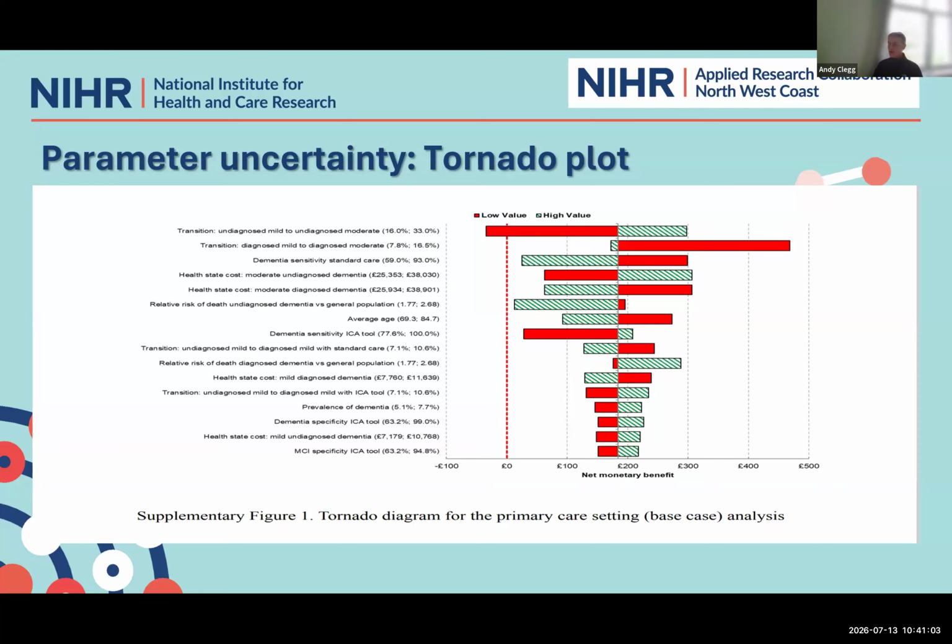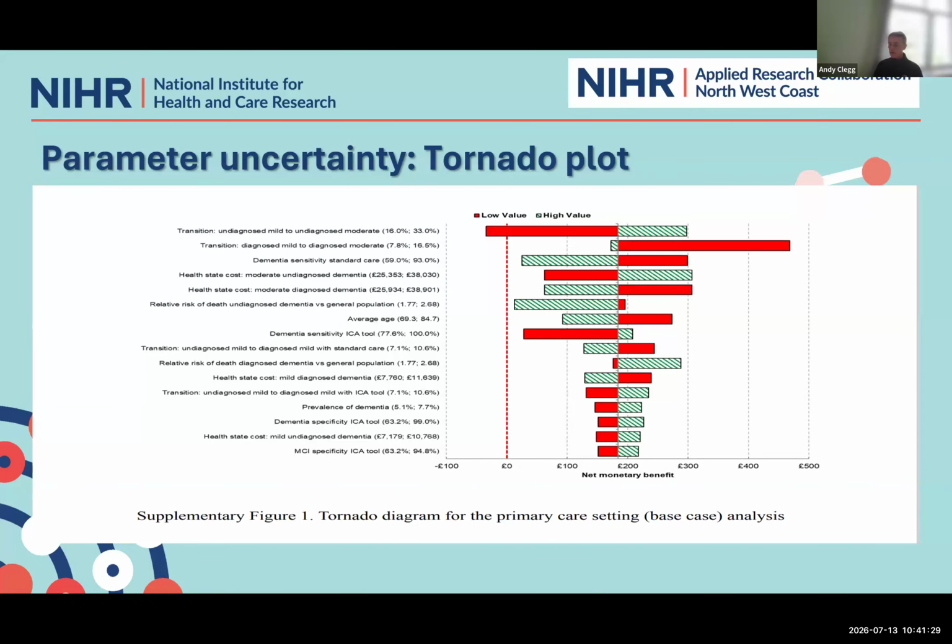So this shows you which are the most important, and effectively it's the length of the lines that show the longer they are, the more effect they have in changing the ICER, the net monetary benefit. So you can see the ones at the top here are much wider than those at the bottom. So you'd identify those as being the key drivers of the cost effectiveness value.